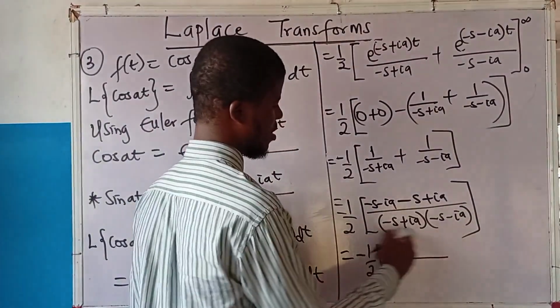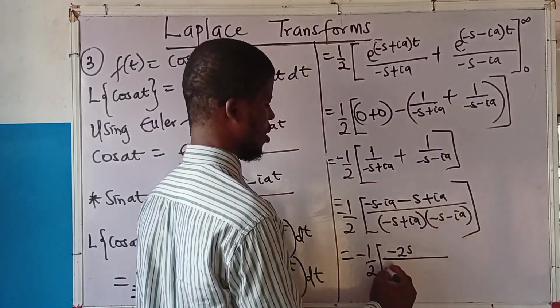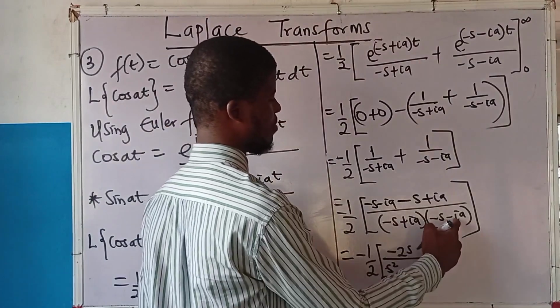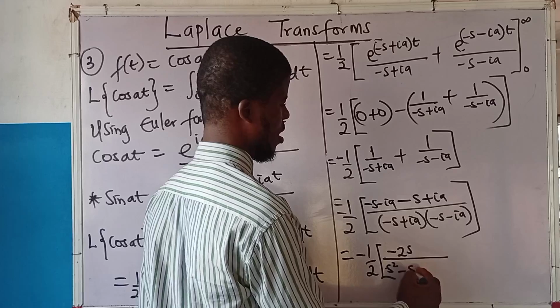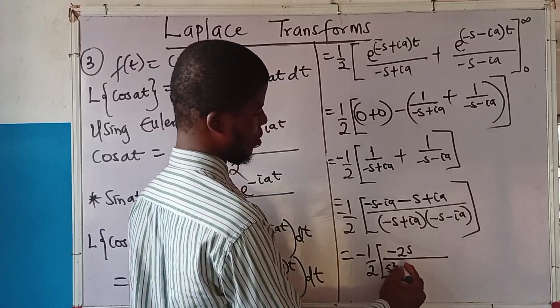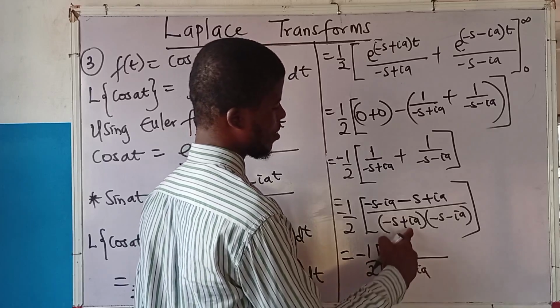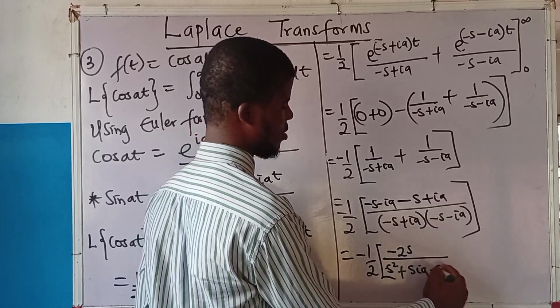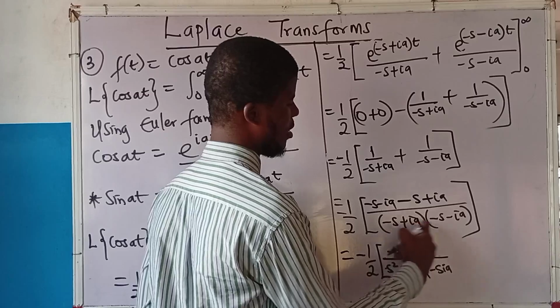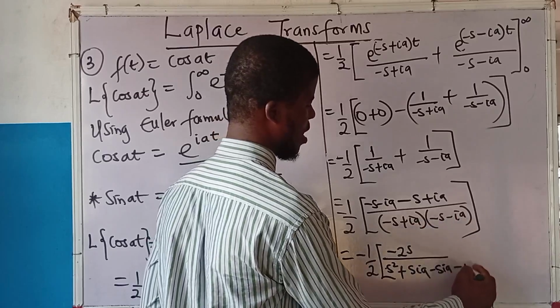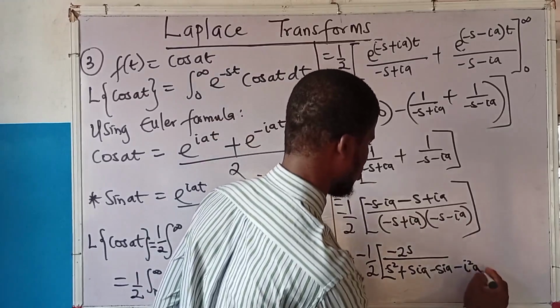Let's expand this. Minus s times minus s is s squared, minus s times minus ia is plus sia. Ia times minus s is minus sia. Ia times minus ia is minus i squared a squared.